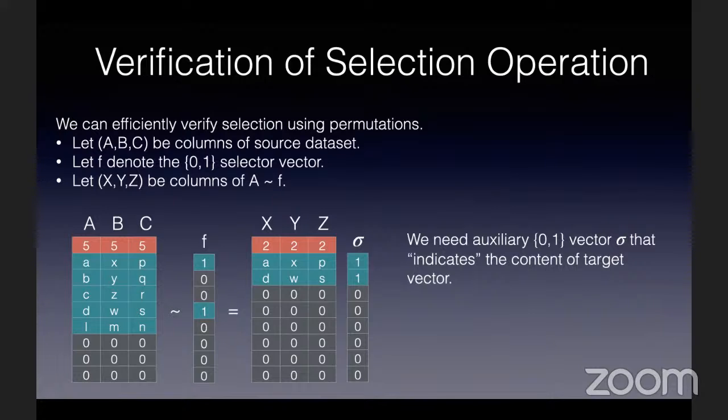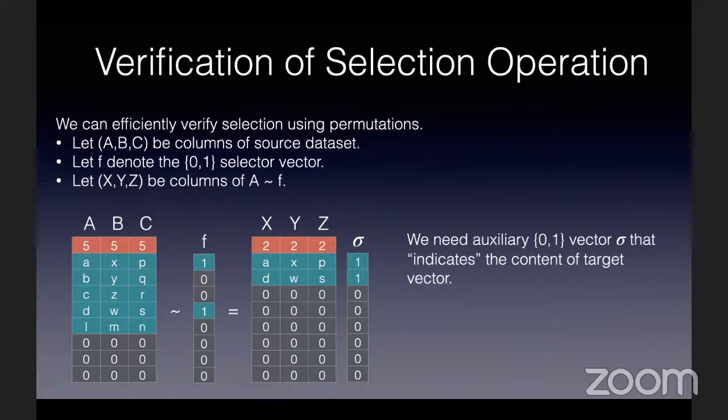To help the proof, we will have an auxiliary vector sigma, which is just ones for the legitimate rows of the target data set.